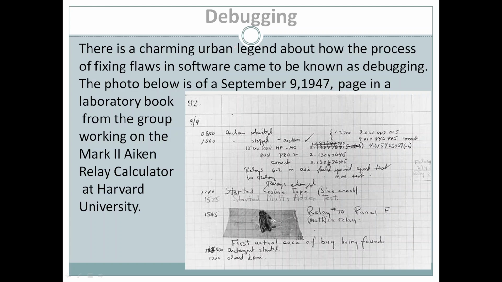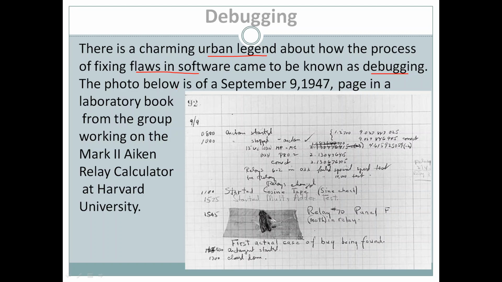There is a charming urban legend about how the process of fixing flaws, that is problems in software, came to be known as debugging. So there is a story behind it. You can see a photo here.